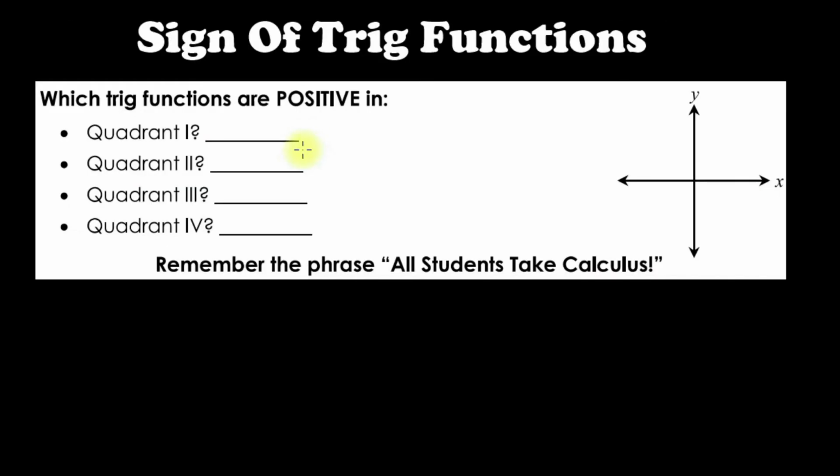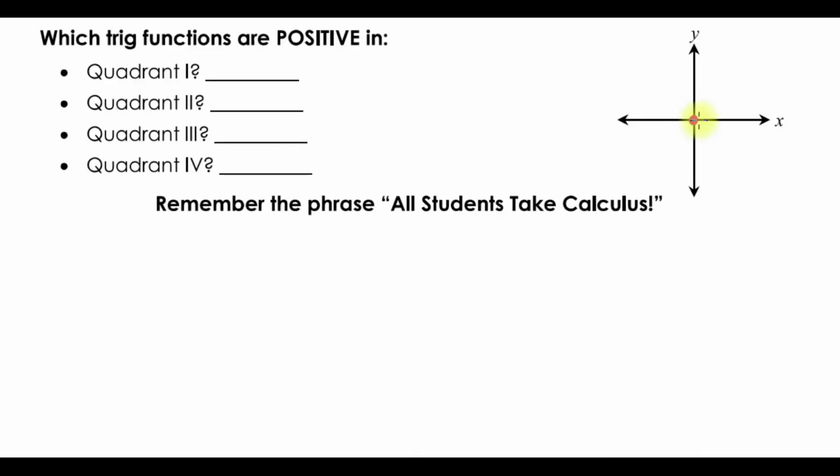So here, which trig functions are positive in quadrant number 1? If theta was in quadrant 1, so this would be positive. So the x is going to be positive. The y is going to be positive because it goes to the right and then up. So anything in quadrant number 1 is going to be positive.